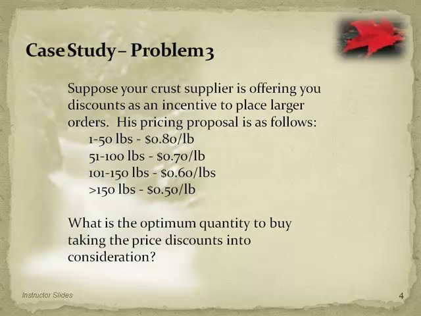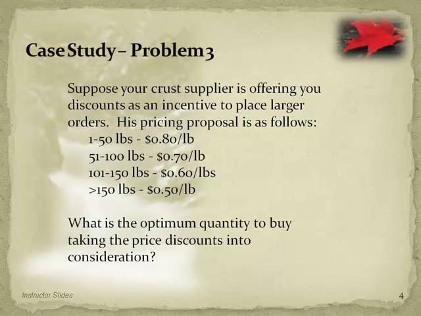So if we buy between 1 and 50 pounds, the price would be 80 cents per pound. If we buy between 50 and 100 pounds, the price goes down to 70 cents a pound. And then we have another price at 60 cents a pound for 101 to 150 pounds, and then anything over 150 pounds, the price is 50 cents per pound.